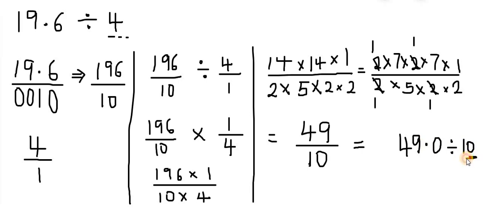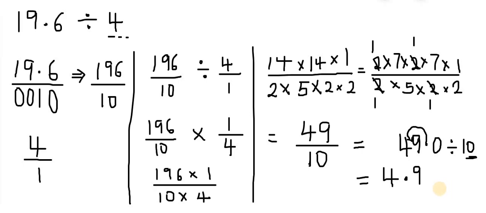Because you have 1 0 at the end, you move it 1 position. Okay, so 49 over 10 is 4.9 as a decimal. So 19.6 divided by 4 is 4.9. Okay, you should have watched the effects of zeros on a decimal point before you get here.